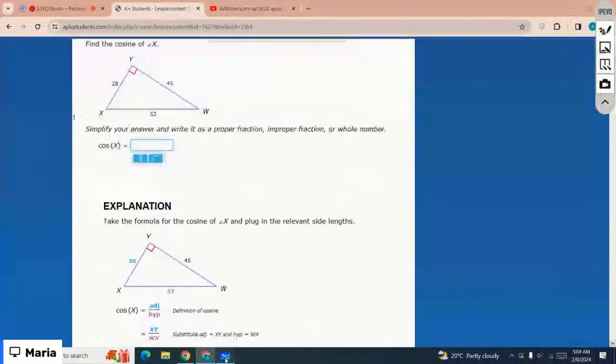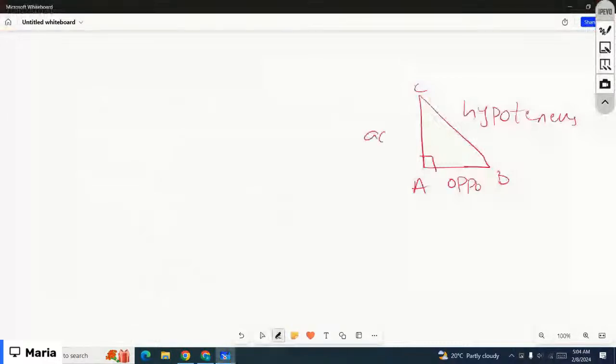Either this is adjacent and this is opposite, right? So for example, you have to calculate the ratio for the angle.